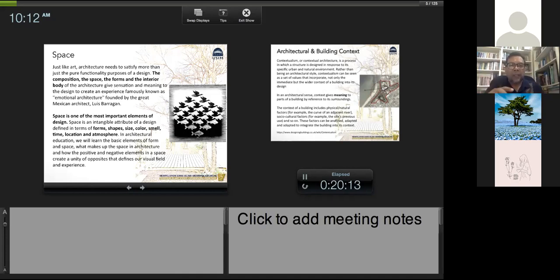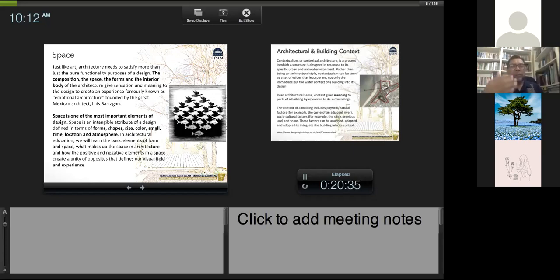When you start making a space in a two-dimensional plan, at the same time, you should think of three-dimensional, at least the section. Because any line that you make is indicating maybe a wall, right?